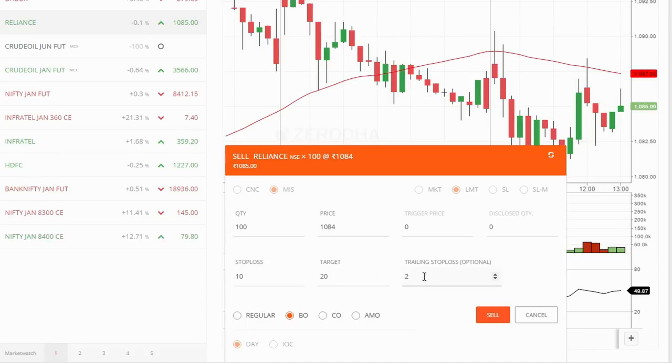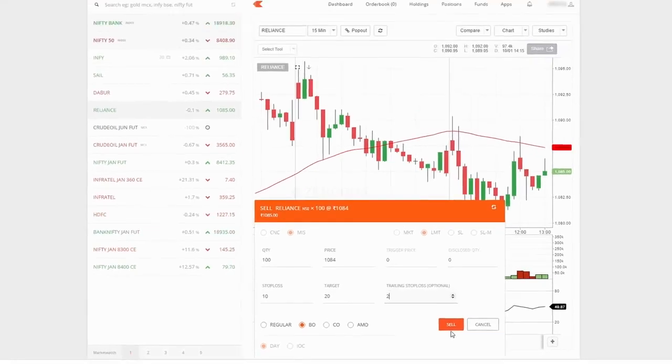And the trailing stop loss, what this will do is, from 1084, if it goes to 1082, my trailing stop loss will have changed my stop loss from 1094 to 1092. So as it keeps going in your direction, your stop loss keeps updating automatically without your intervention.